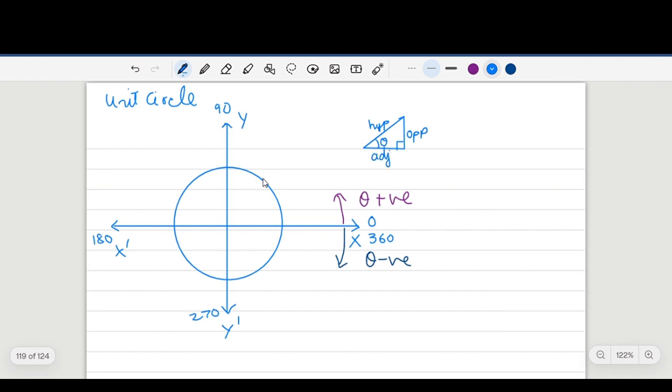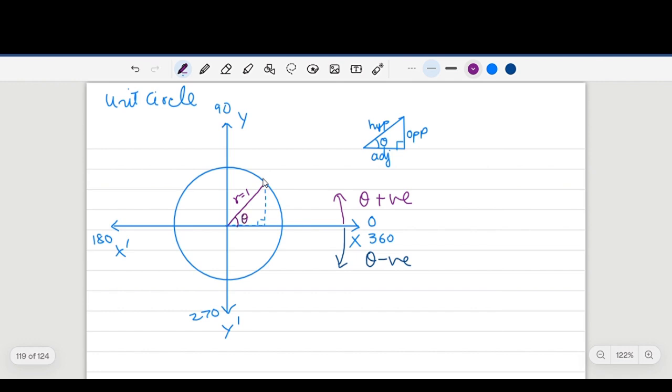So what I've considered here is a unit circle. Unit circle means the radius will be 1. Next, over here if you notice, this forms a right angle triangle. For this right angle triangle, this angle is what I'll be considering as theta.